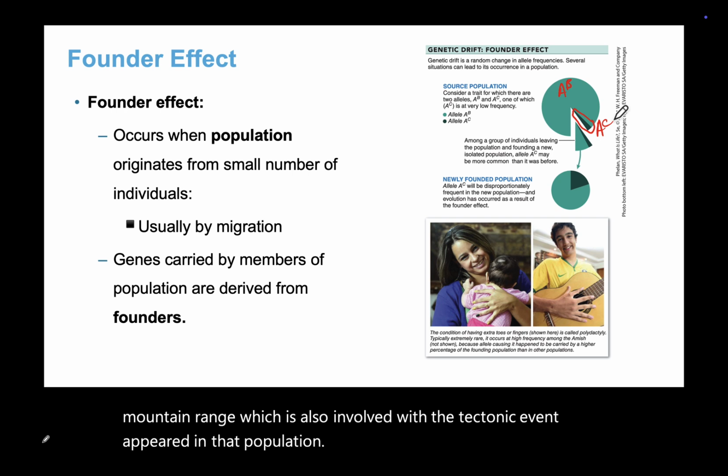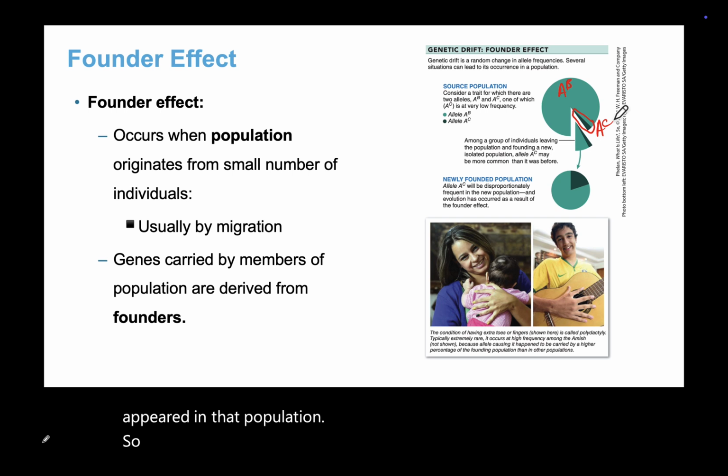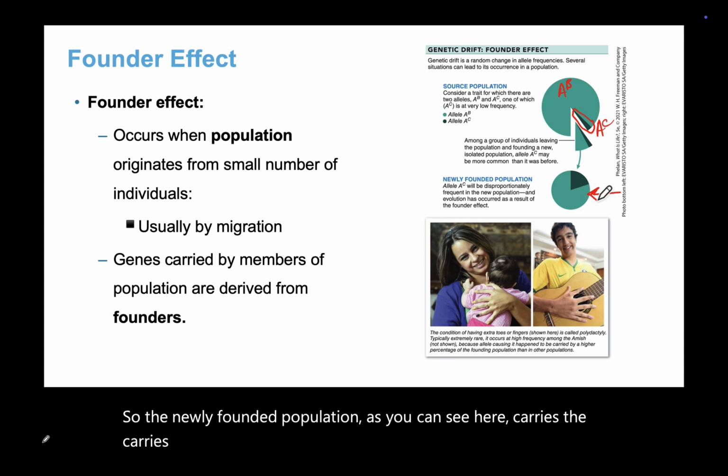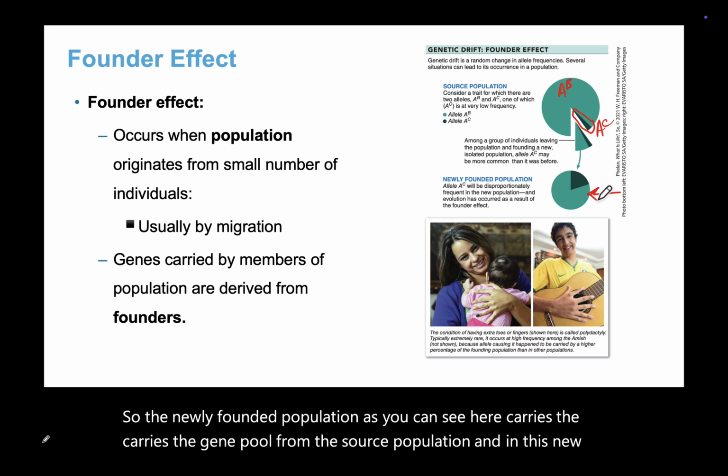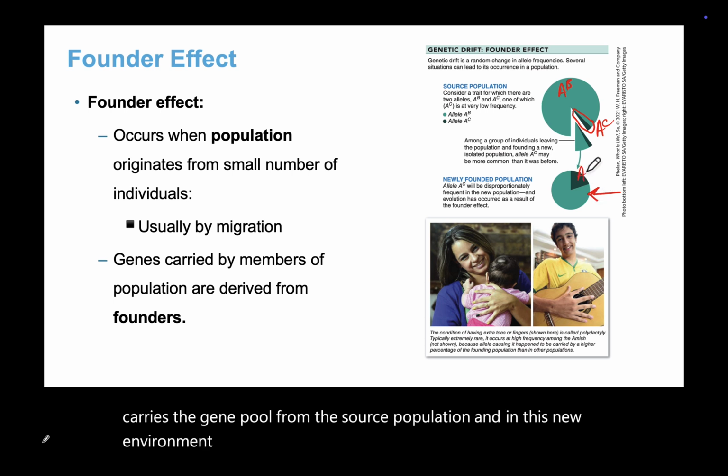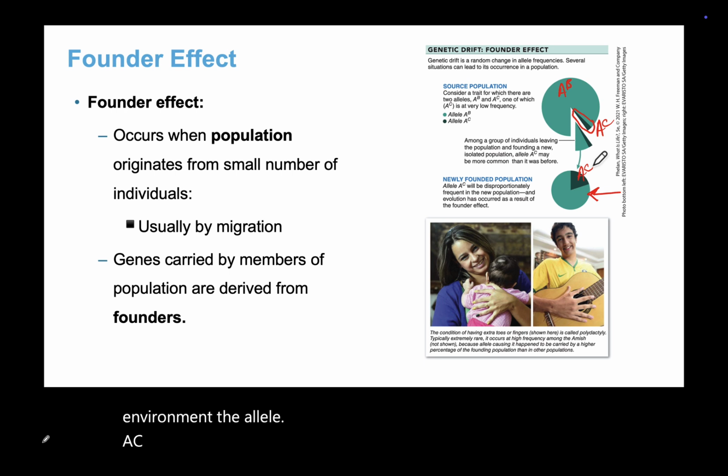So the newly founded population, as you can see here, carries the gene pool from the source population. And in this new environment, the allele AC now starts to have a higher frequency.